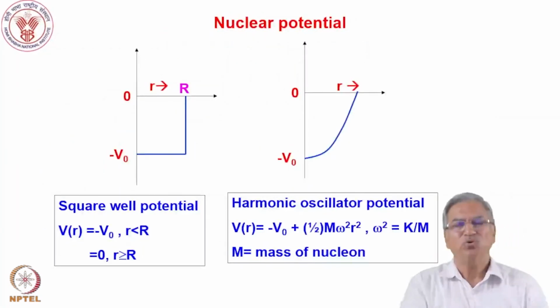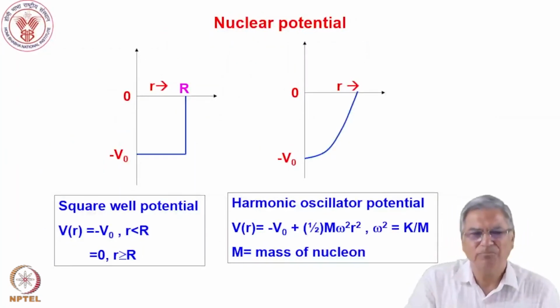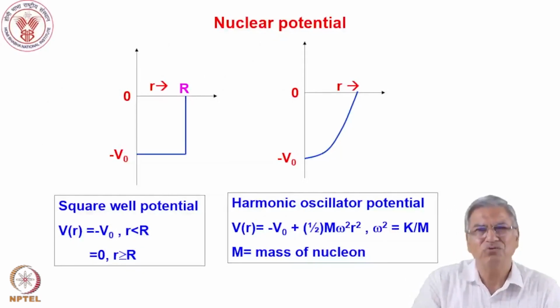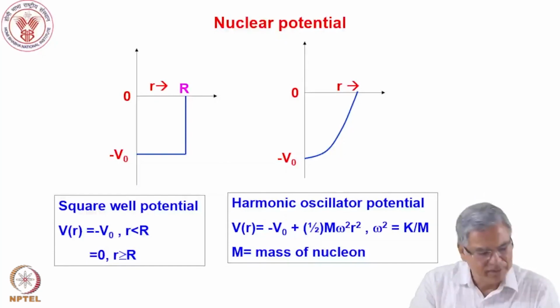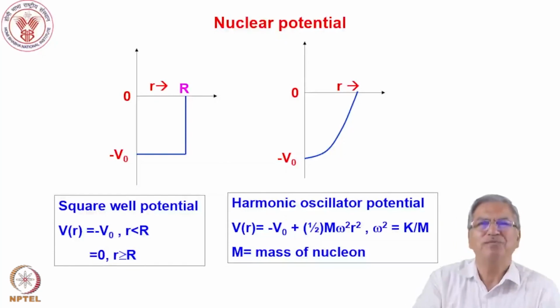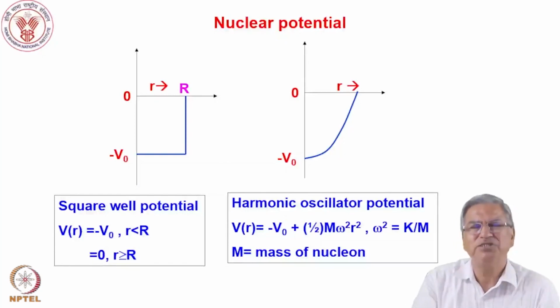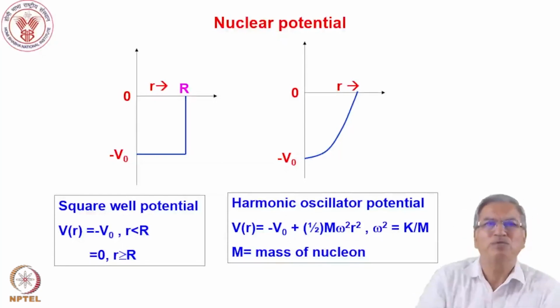Okay. So essentially, the shell model constitutes solving a Schrodinger equation for the nucleon in a particular potential well. So what are the different types of potential wells that you can envisage? The simplest potential well is the square well potential.